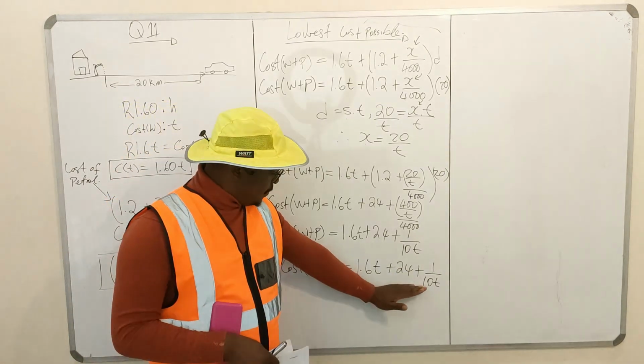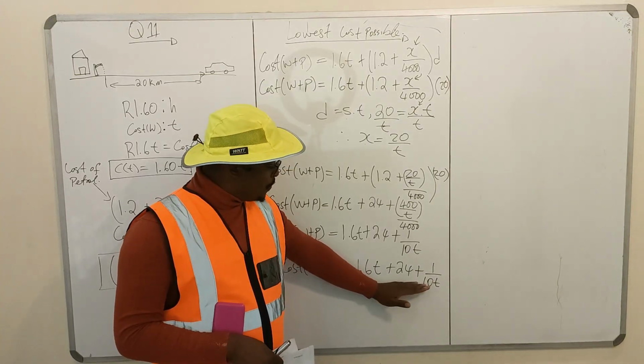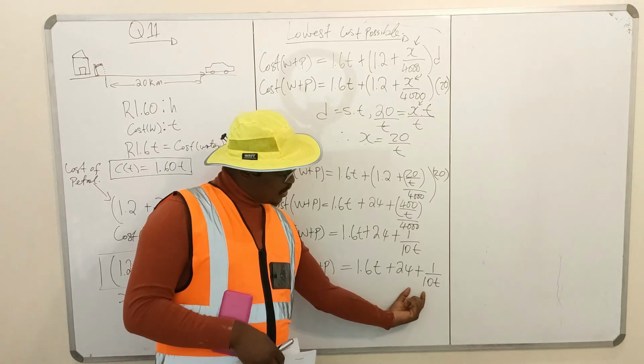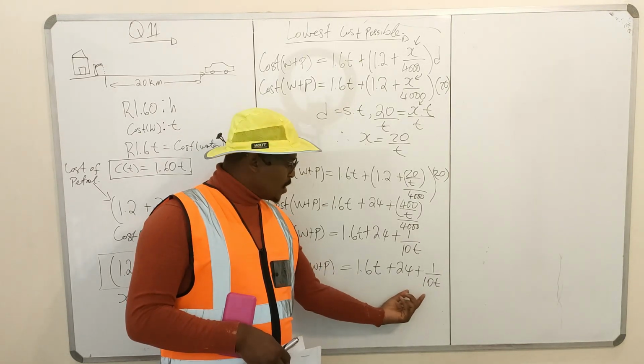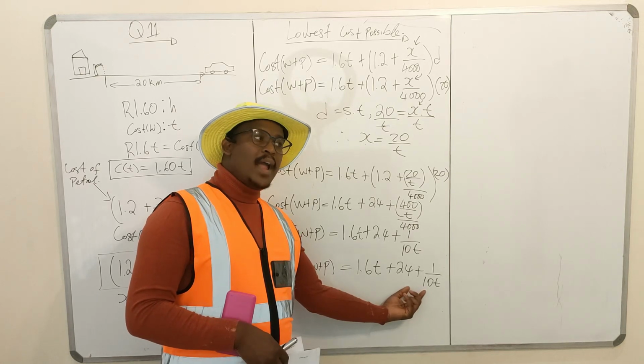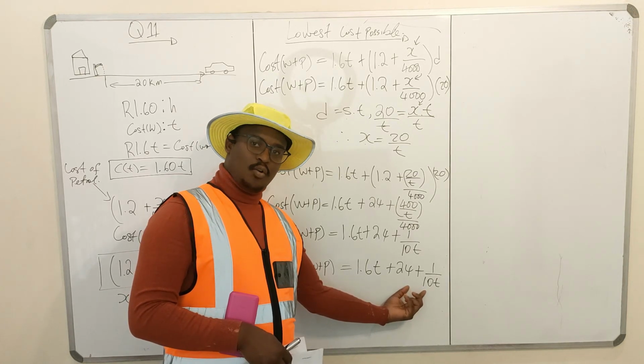So this equation here gives you the cost of water and the cost of petrol. Now you want it where it is at its lowest, which is where the rate of change is 0.